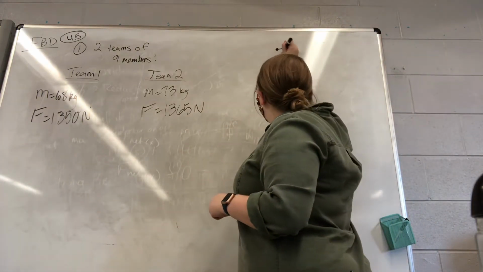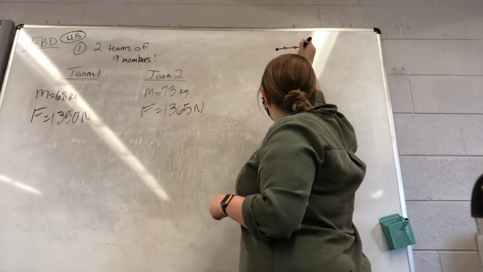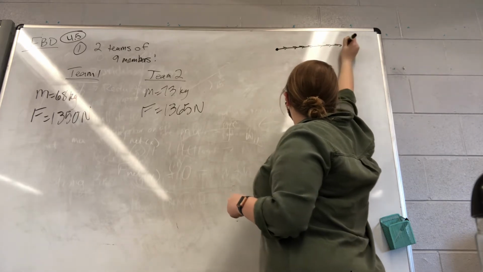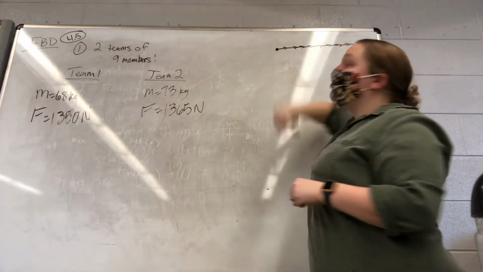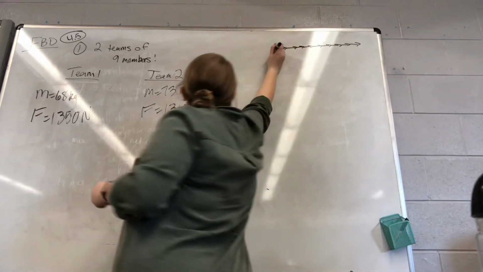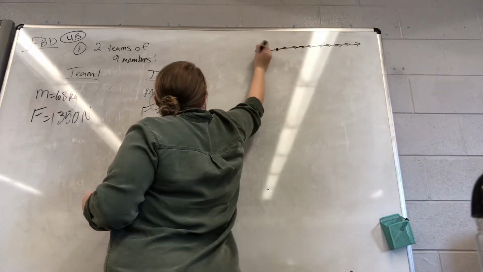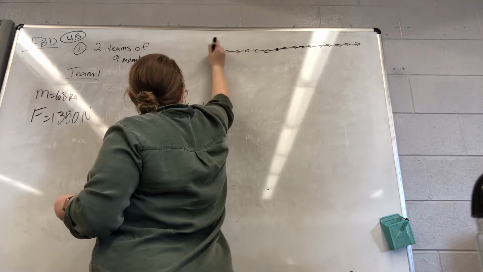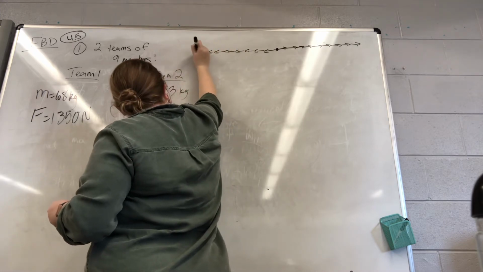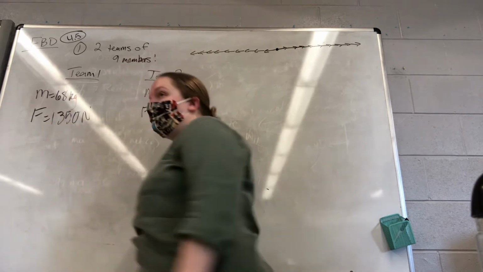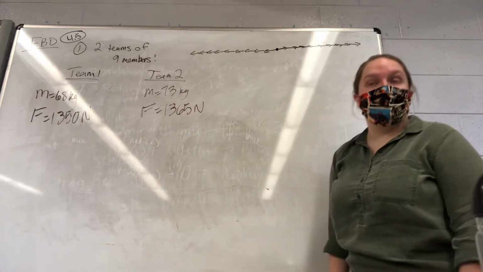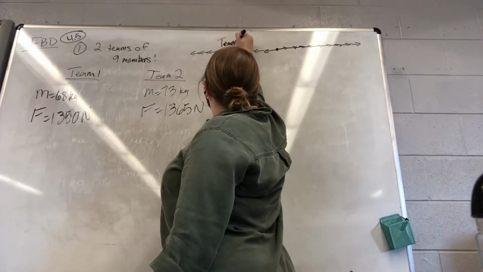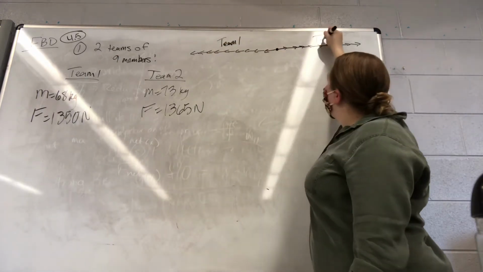That means you've got 9 people pulling in one direction, and you've got 9 people pulling in the other direction. That's a lot of arrows. Let's say team 1 is pulling to the left, and team 2 is pulling to the right.